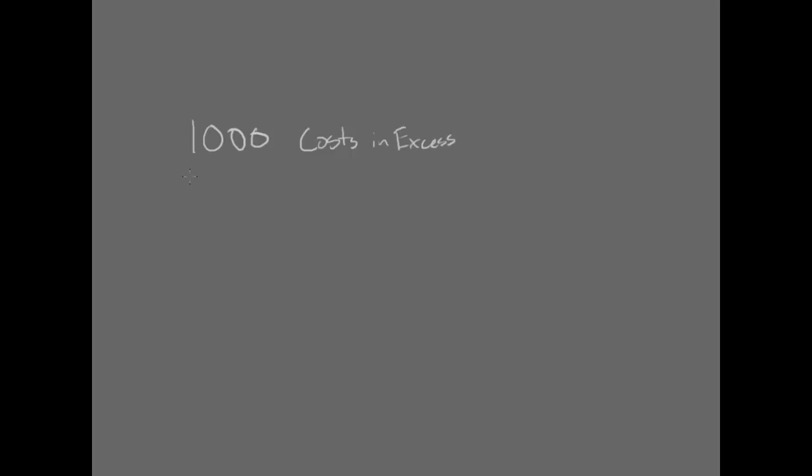And you'll adjust a liability account, which is going to be a 2,000 account, which is called billings in excess of cost. And you'll also adjust your 4,000 account, which is your revenue account.